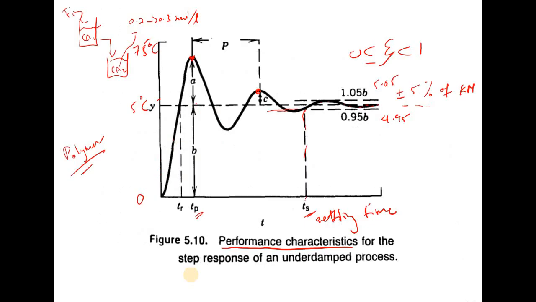So looking at the decay ratio, the decay ratio is how my new peak is getting smaller in comparison to my previous peak. So if my peak gets smaller by 1 over 4, that's really great.